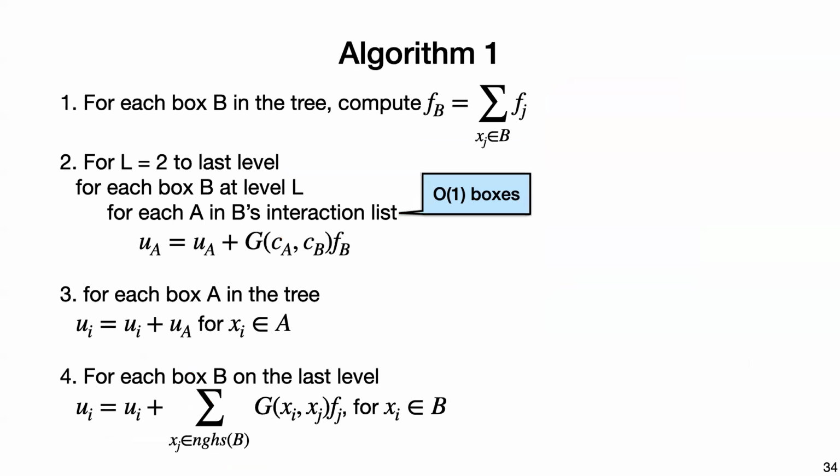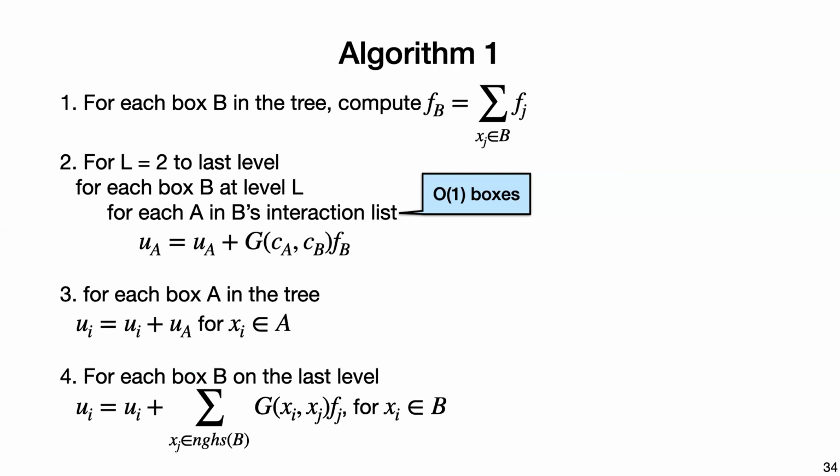Yeah. So putting all those things together, the first step is you have to compute the total mass for every box B, which you just add up. And the second part, the main core of actually doing it, is you go level by level and you do this far approximation.